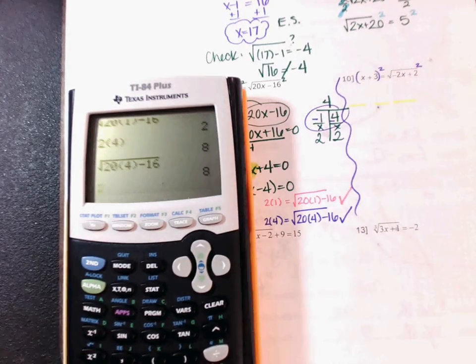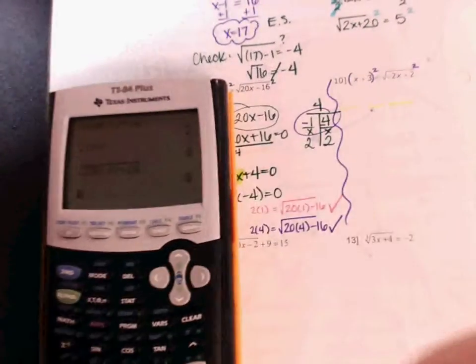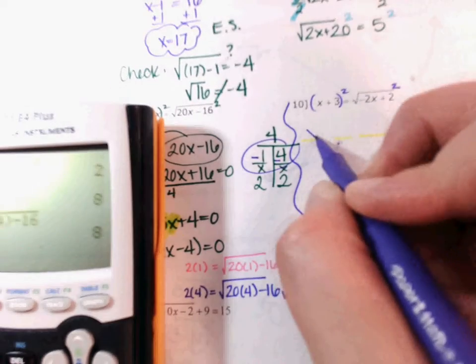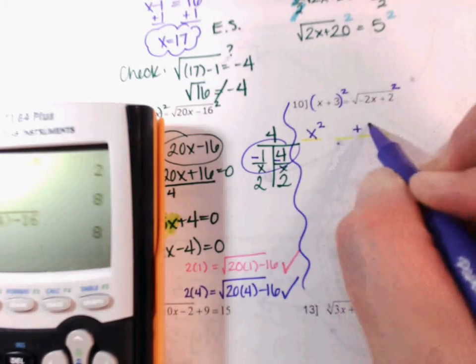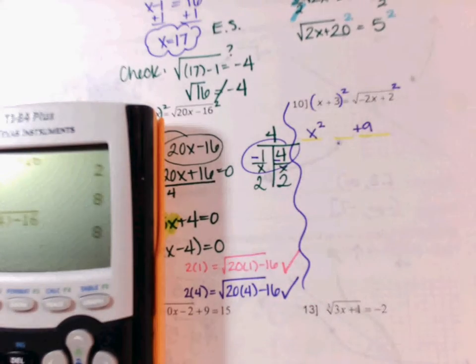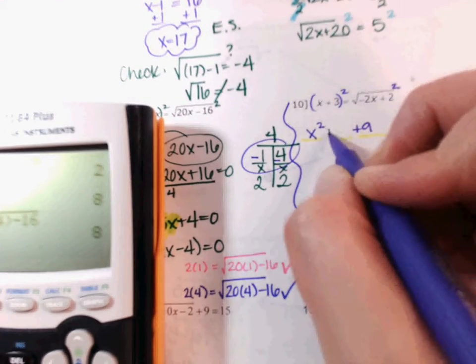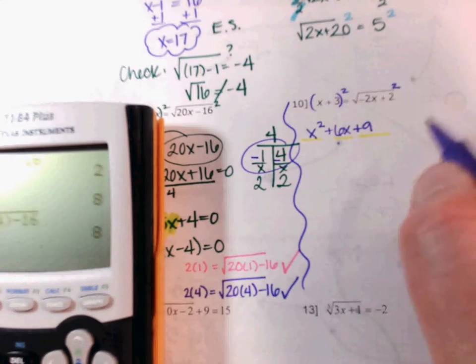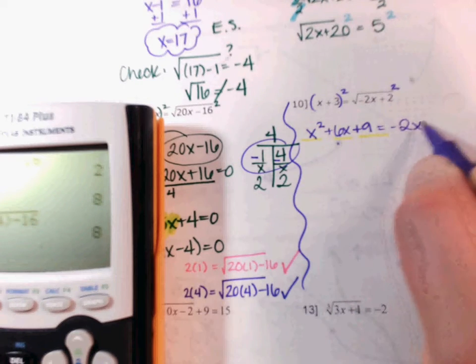So what is my first term if I square it? X squared. What is my last term if I square it? Plus 9. And then remember in the middle, you put them together and then you double it. 6x. Very good. Other side, it had a square root, so the square just crosses out that square root and the negative 2x plus 2 stays the same.